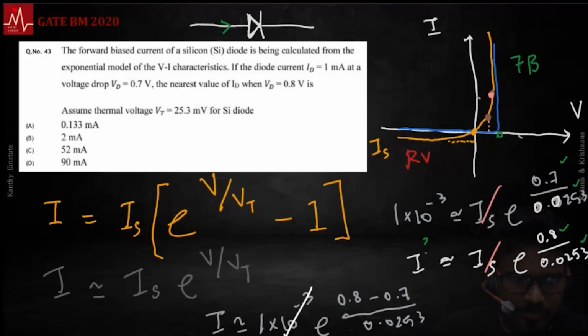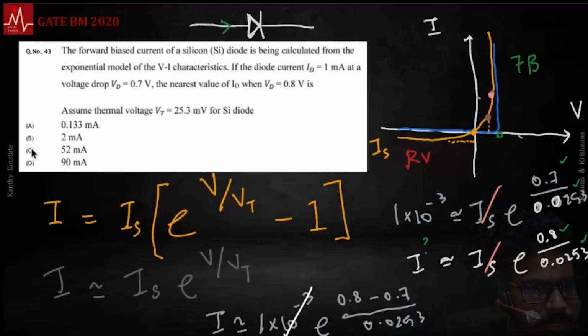0.8 minus 0.7. About 52.68, something like that.